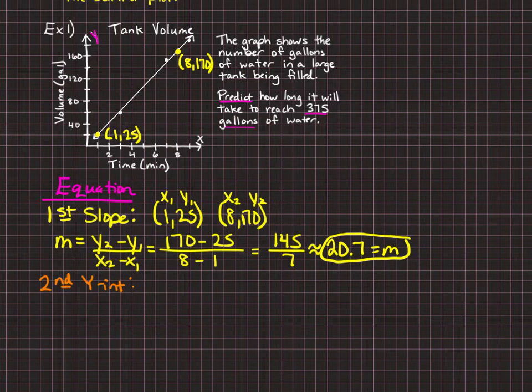If I were to extend this out, we can tell that line appears that it would go very closely through the point 0, 0. That would make sense. There would be no water at 0 minutes. Well, that's a reasonable number. So we can say that b is 0.